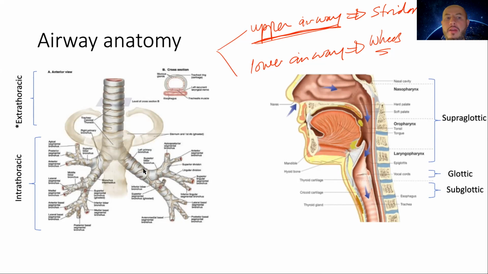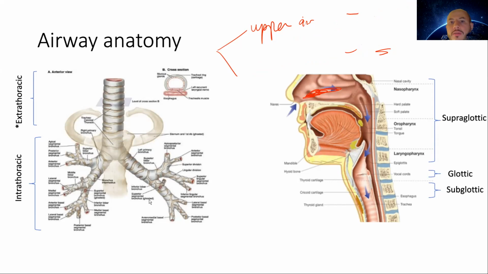So anything from the nose all the way down to the right and left main bronchus, we call upper airway obstruction, and the sound they make is stridor. Any obstruction in the lower airway, beyond that point, usually causes wheeze, okay? So that's the first concept. We need to understand it very well.